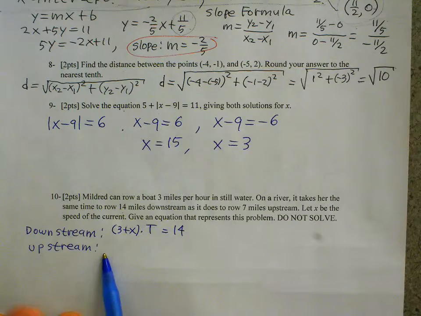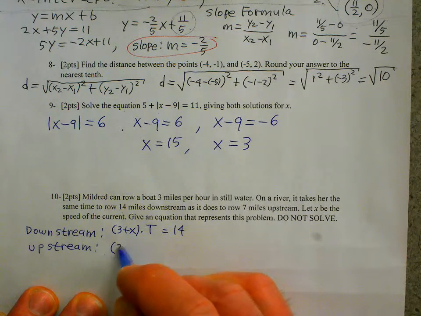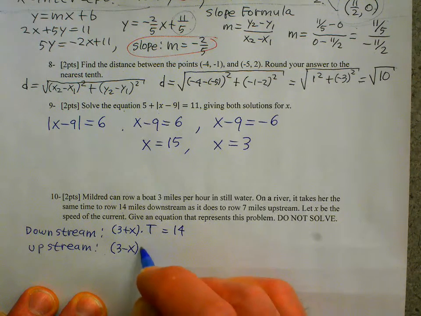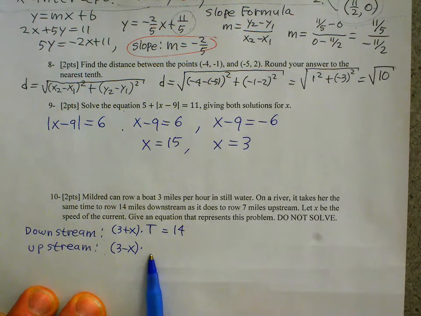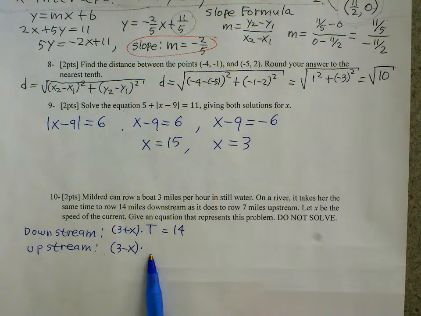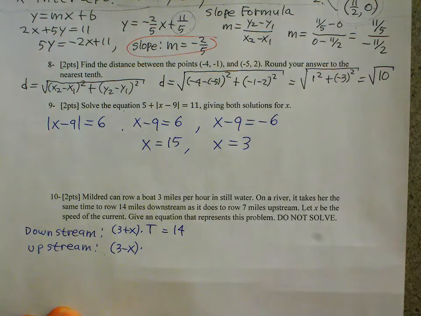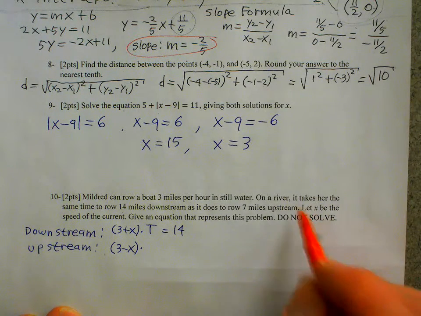Okay, when she's going upstream or against the current, the boat is only traveling at 3 minus x miles per hour. How should I represent time for this equation? Well, here's the clue on that one.